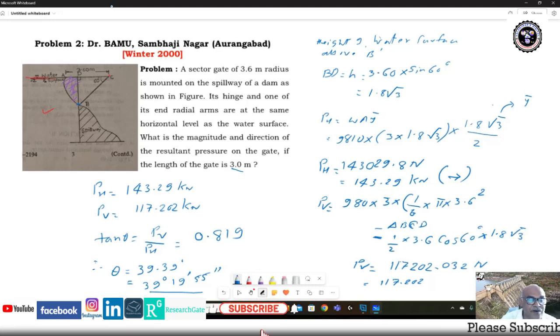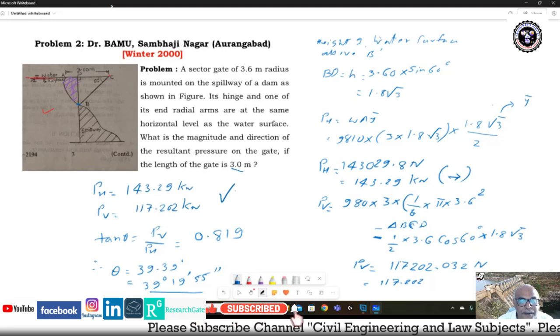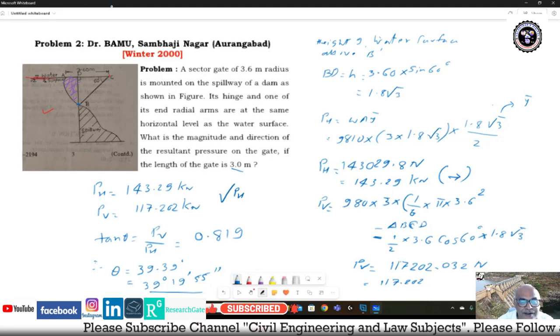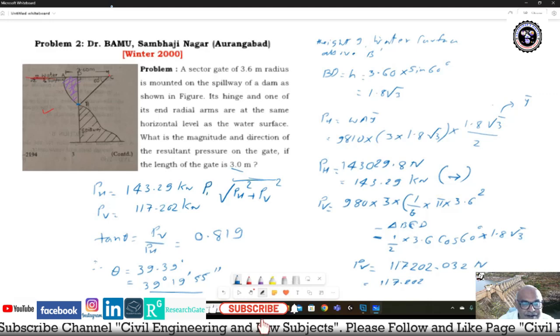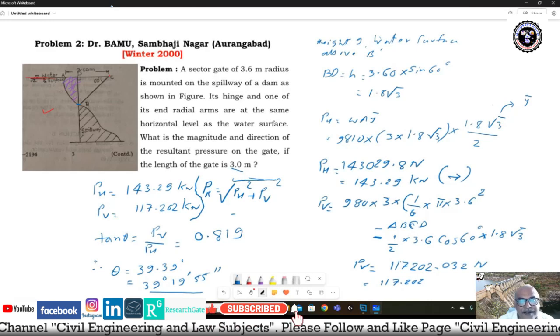One thing we have forgotten here: we have not found out the resultant pressure. So the resultant pressure is the square root of pH square plus PV square.